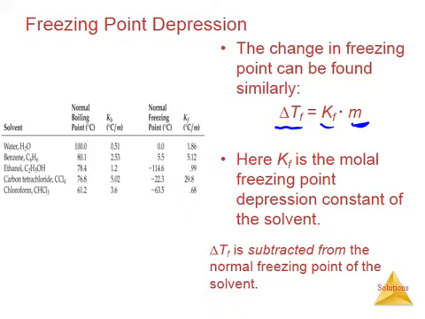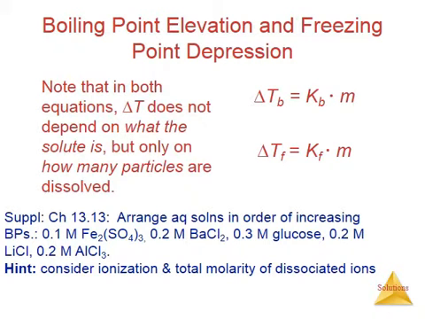That was the boiling point elevation constant. And these values are all known, and that will be given to you in order to solve a problem. The point that is important here is that delta Tb or delta Tf depend only on the number of particles, not on the nature of the solute that you are adding.